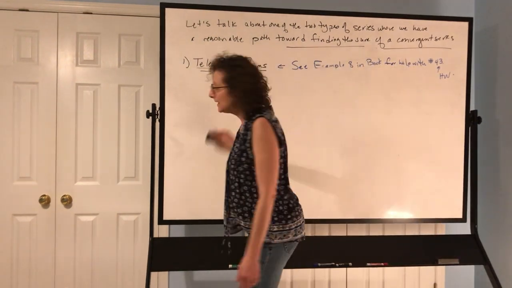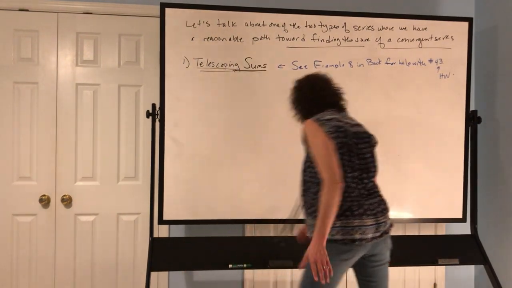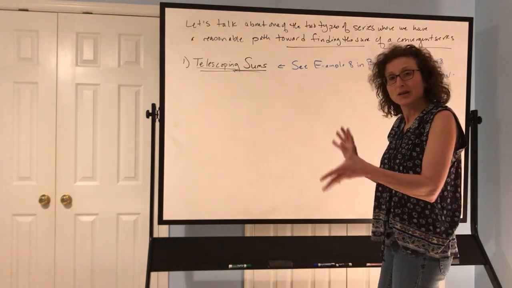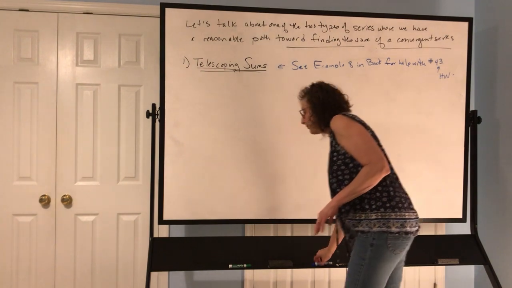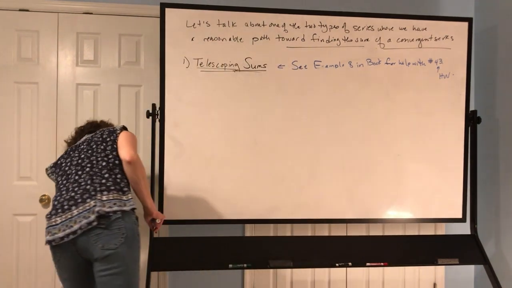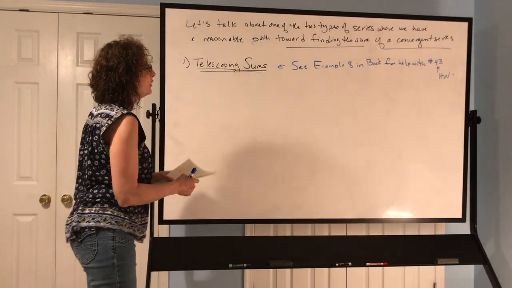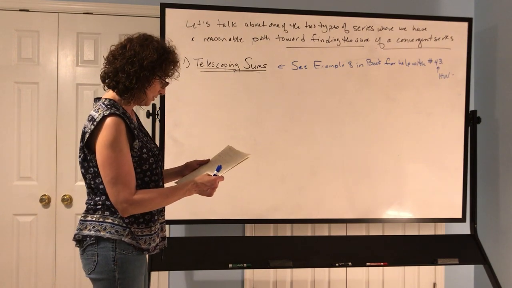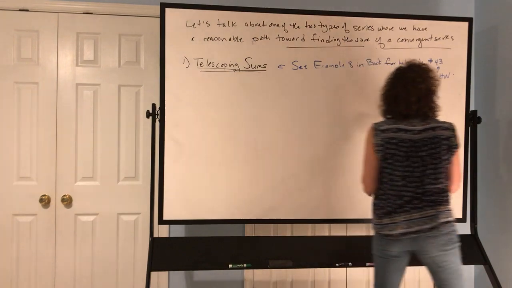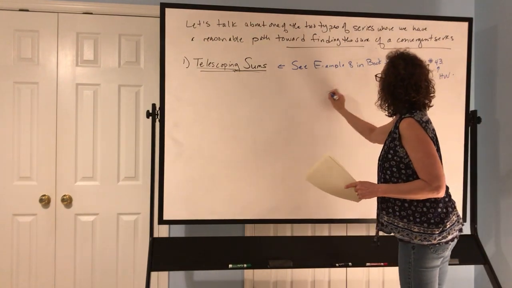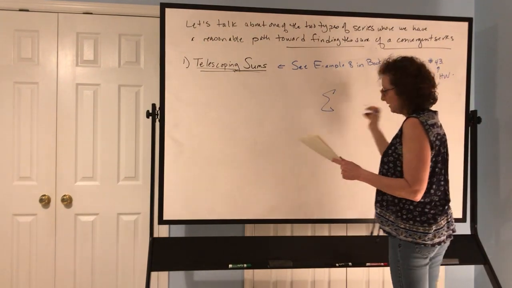It's not always quite that simple. Sometimes you have to write out a few more terms, not simplify things until you eventually see the pattern come in. Example 8 in your book will help you with number 43. So let me just write down what that one is, number 43. This one is a homework problem for you.